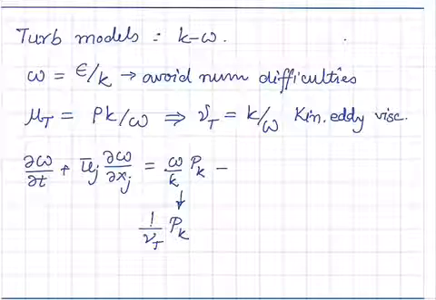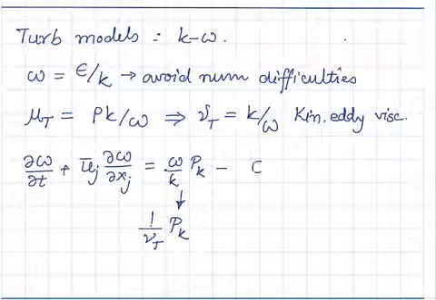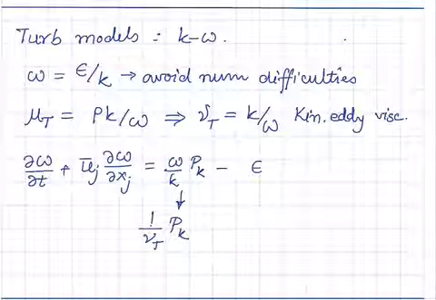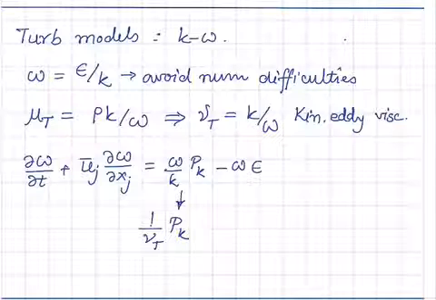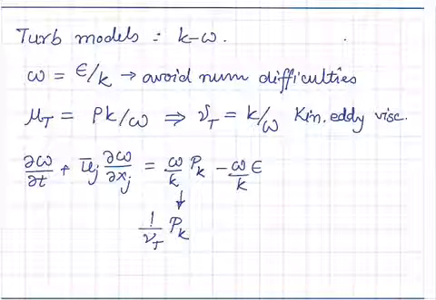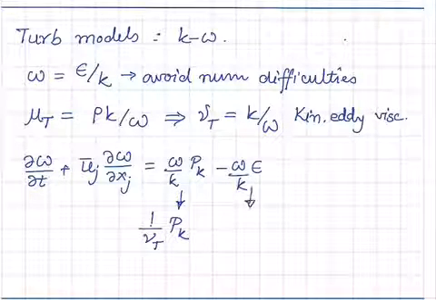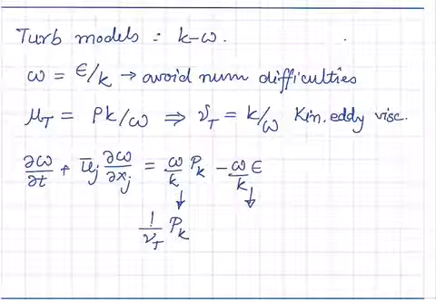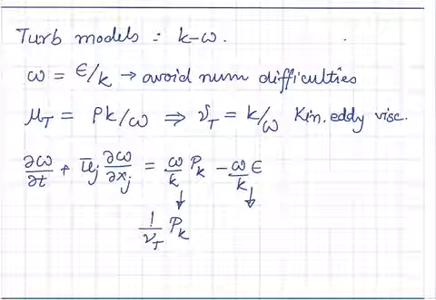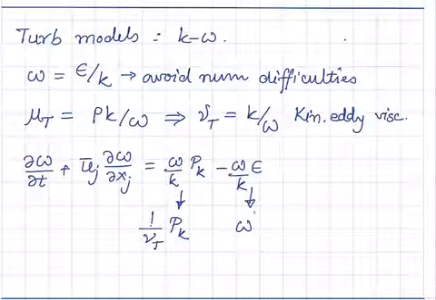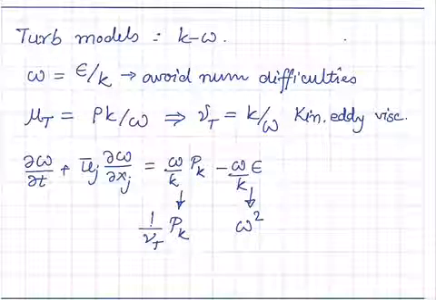The other term is dissipation, which is epsilon, times omega by k, which you can easily see is going to be omega times epsilon by k, which is another omega, so it's omega square.